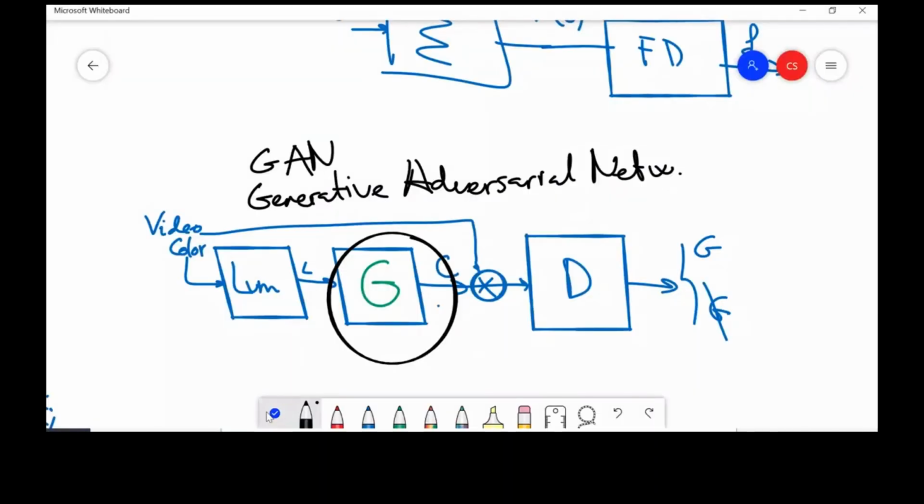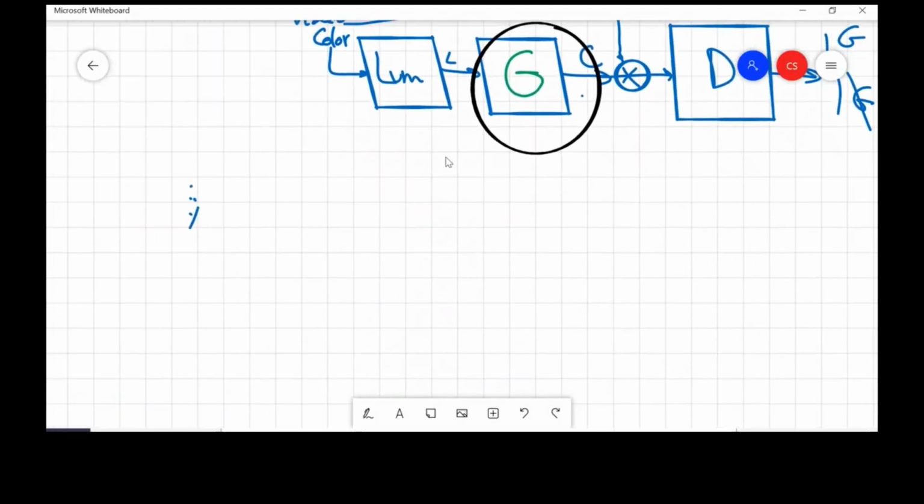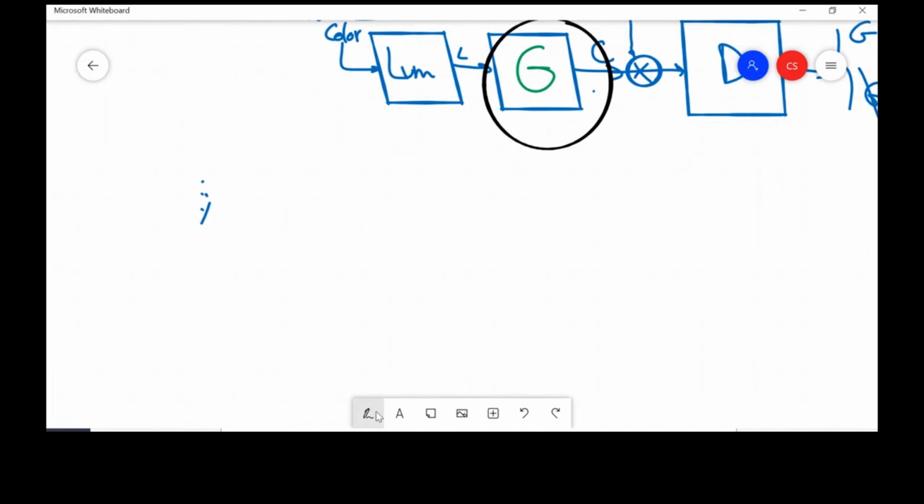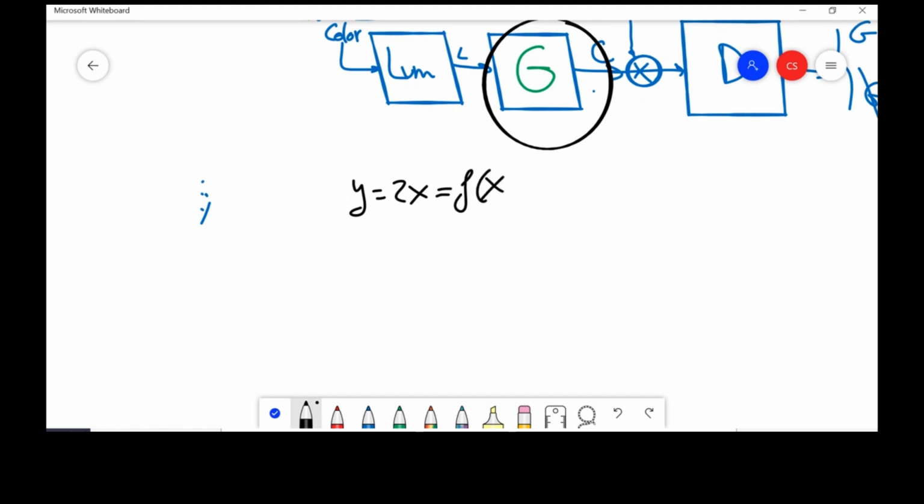So let me go back to the whiteboard. When you say, for instance, y is equal to 3x, this is f of x, what you're saying is that for every possible x value, I'm giving you the value of y.